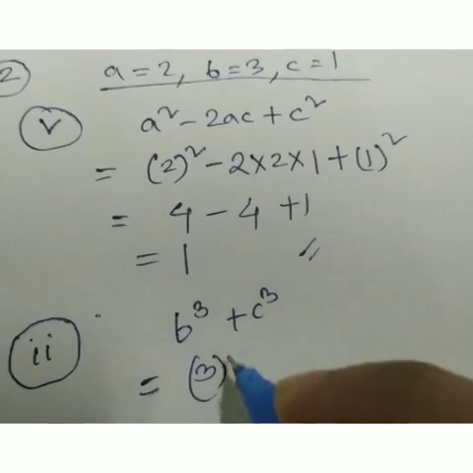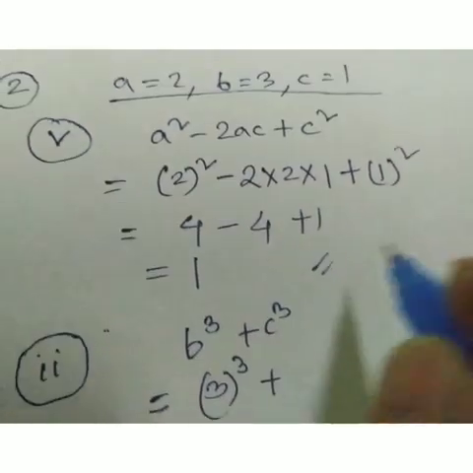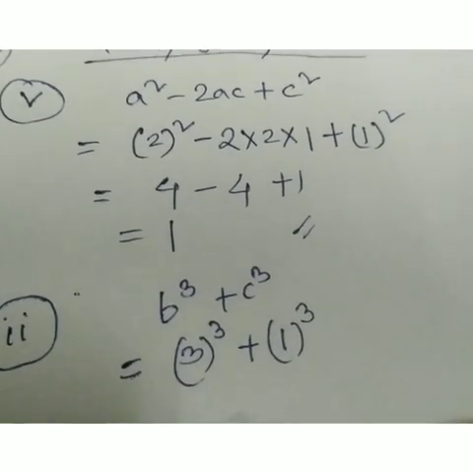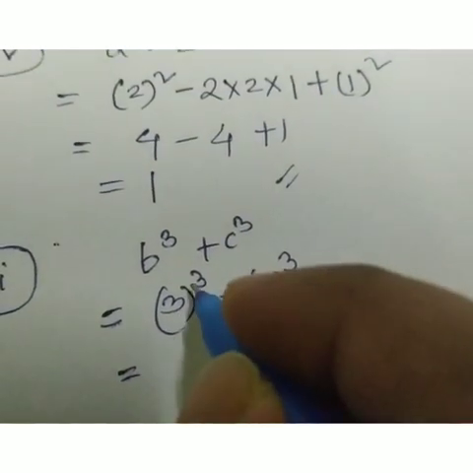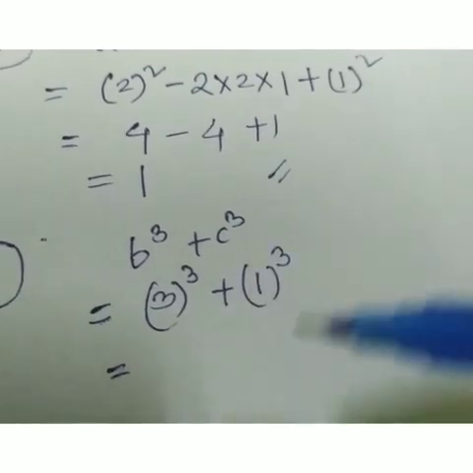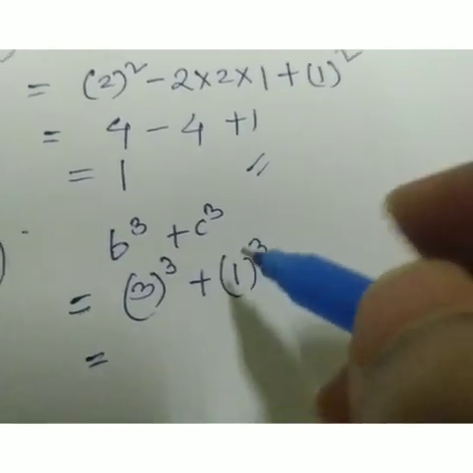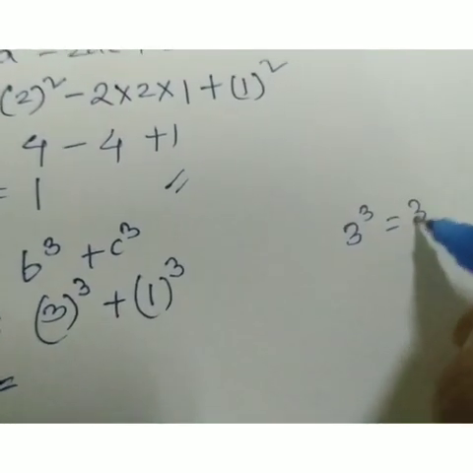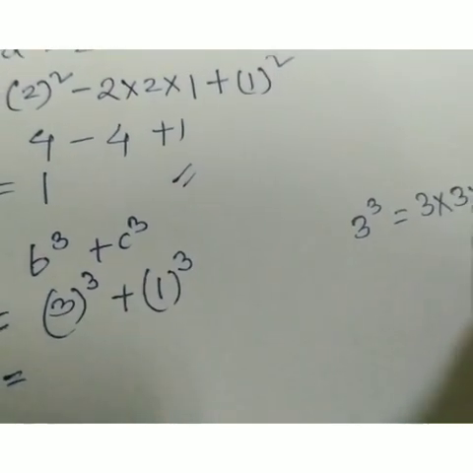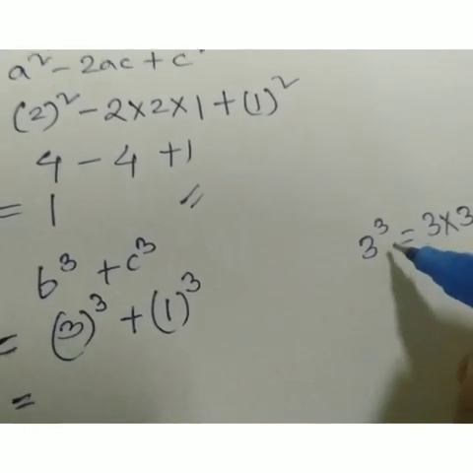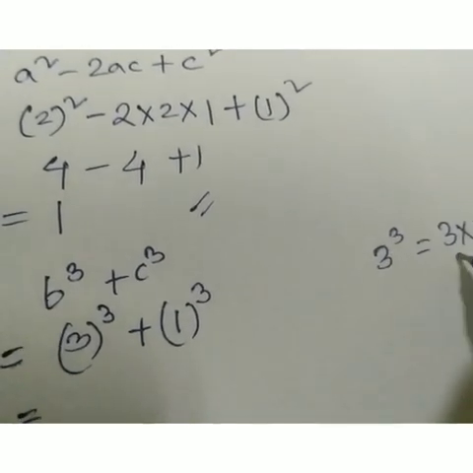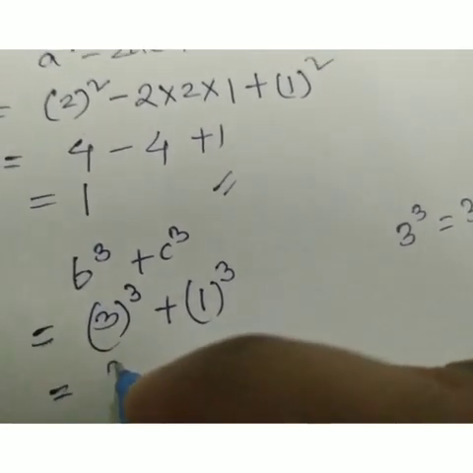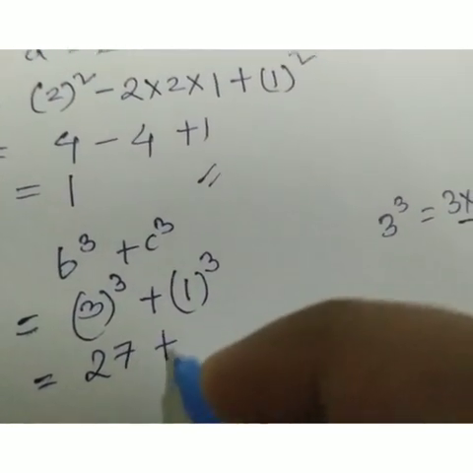So 3 cube plus c, the value of c is 1, so 1 cube. 3 cube means 3 to the power 3, which means 3 into 3 into 3, because we need to multiply 3 times. 3 into 3 is 9, 9 into 3 is 27. So 27 plus 1 cube.